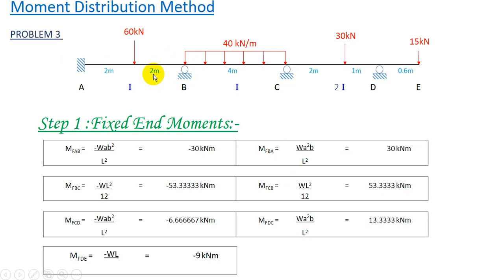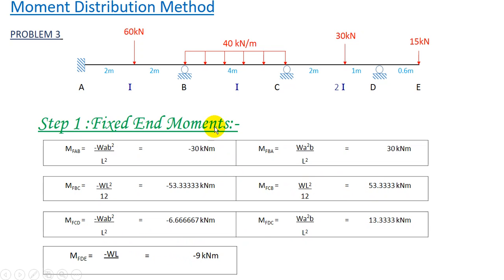MFBC is minus WL square by 12, where W is 40, L is 4, and MFBC is minus 53.333. MFCB is plus WL square by 12, and it is equal to plus 53.333.